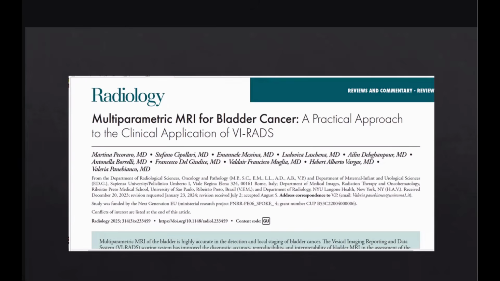Those are some important literature you can review on how to stage bladder cancer. The most important one is multi-parametric MRI. Multi-parametric means that we need to take T2 weighted image, diffusion weighted image, and dynamic contrast enhancement. Those sequences are important to stage bladder tumor.